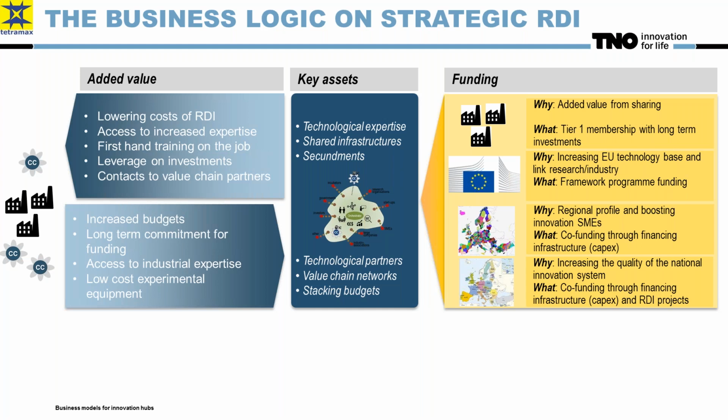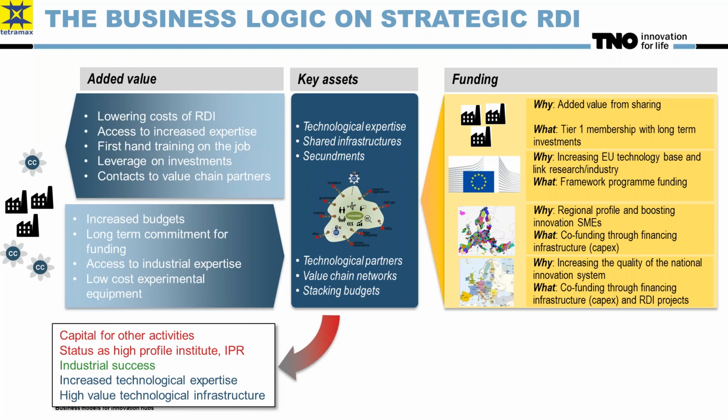And how do they do that? Well, this strategic RDI is very often about co-funding to financing infrastructure. It's capex, and these are not formalized instruments. These are one-on-one kind of investments that you need to go to regions to discuss, a one-time investment and individual investments.